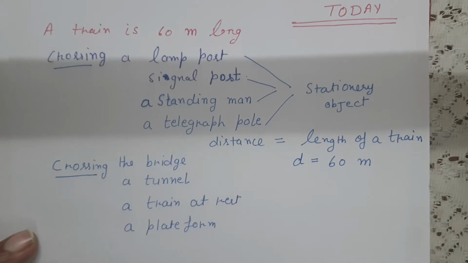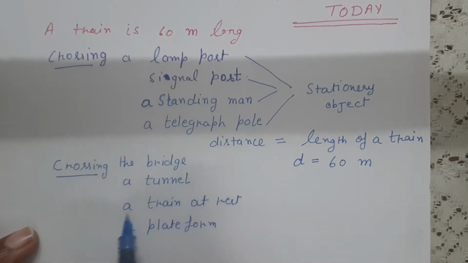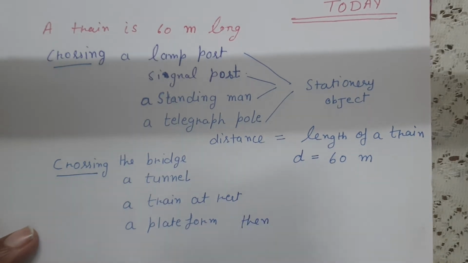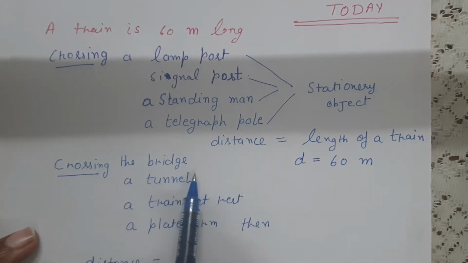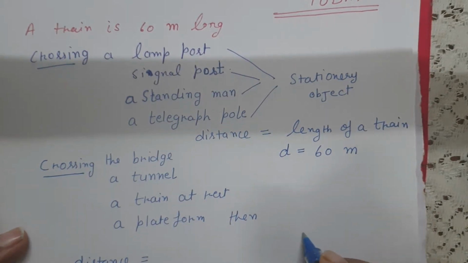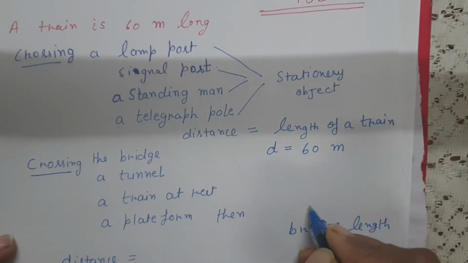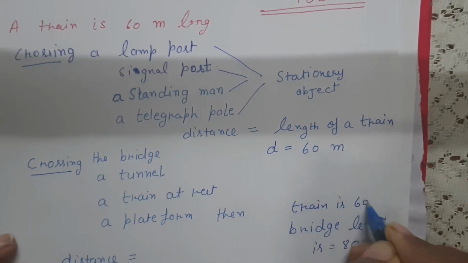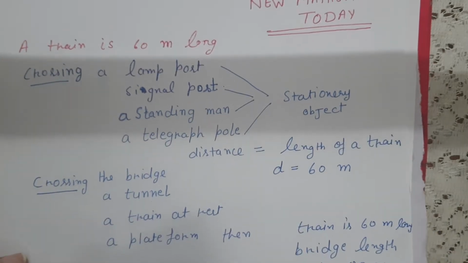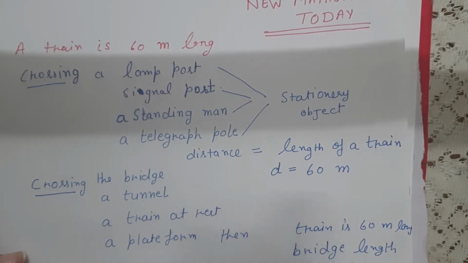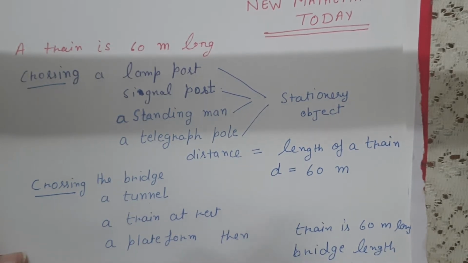And the second rule is, if a train is crossing a bridge or a tunnel or a train at rest or a platform, then distance is equal to, suppose the train is crossing a bridge and the length of the bridge is 80 meter, and you know the train is 60 meter long, then the distance is equal to length of the train plus length of the bridge.